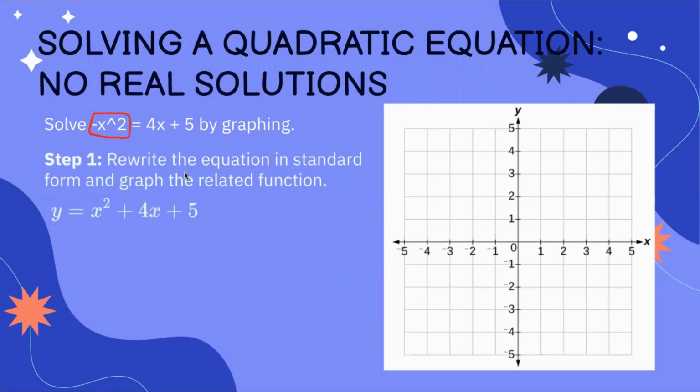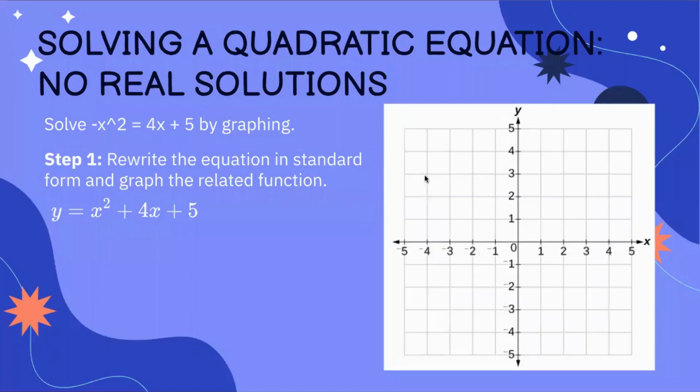That would give you 0 equals x² plus 4x plus 5. And I recommend that you still write it in ax² plus bx plus c form. To get the related function, all you have to do is set your function to y rather than 0.